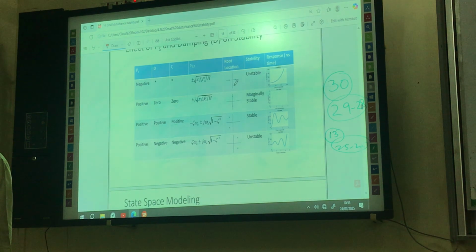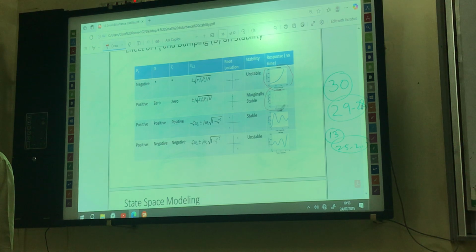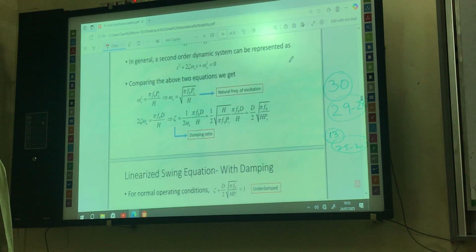Somehow we have to come back to our time domain response, right? This is the graphical approach, but we do not know the mathematical value. That's why we now want to formulate delta in the time domain.